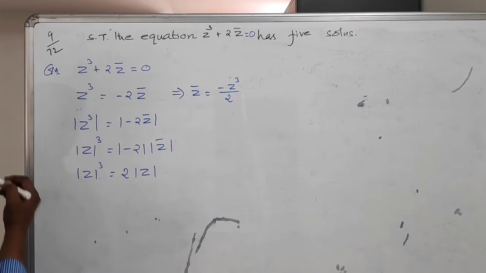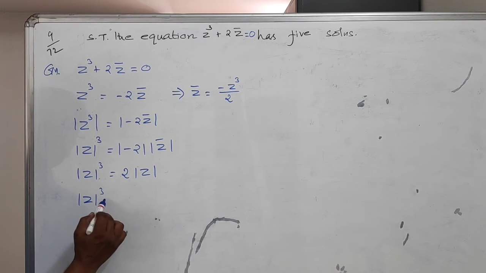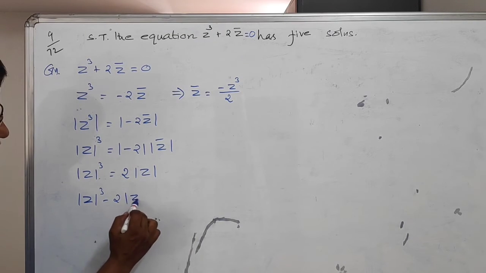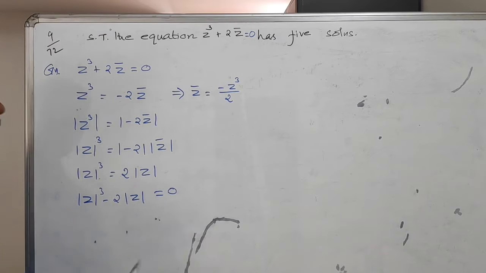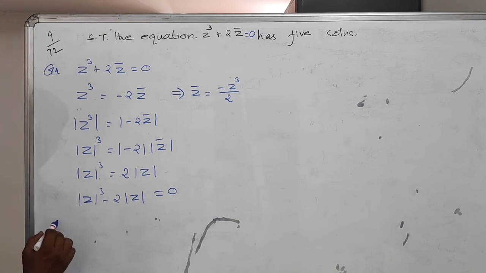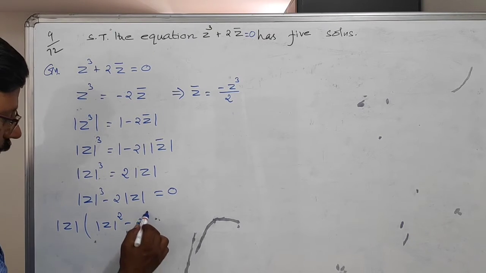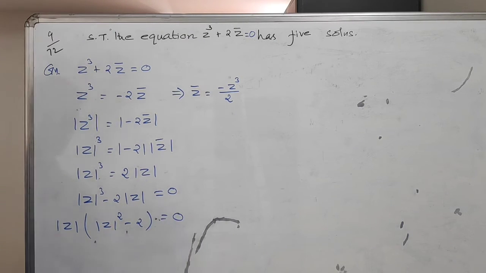Now again you bring it to the left hand side like the previous problem. Modulus of z cubed minus 2 times modulus of z is equal to 0. Now here also modulus z can be taken outside. Then inside you have modulus z squared minus 2, which is equal to 0.